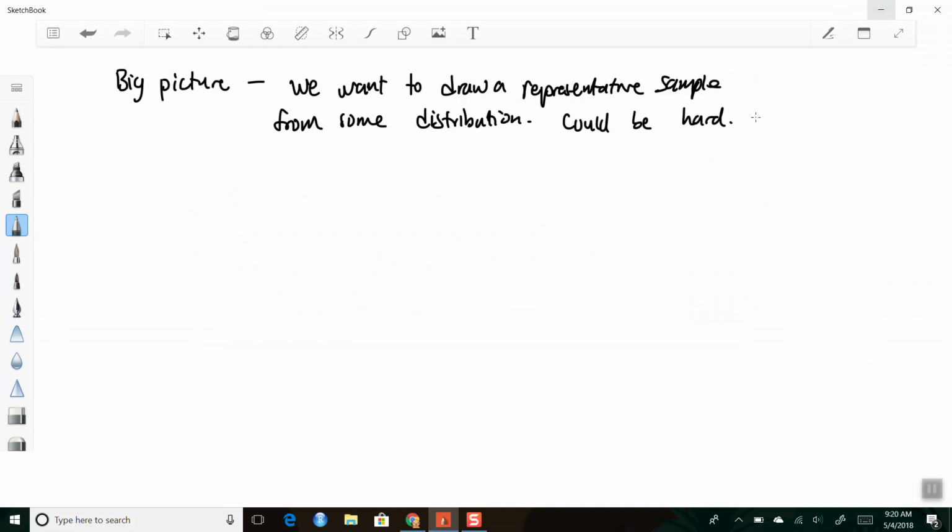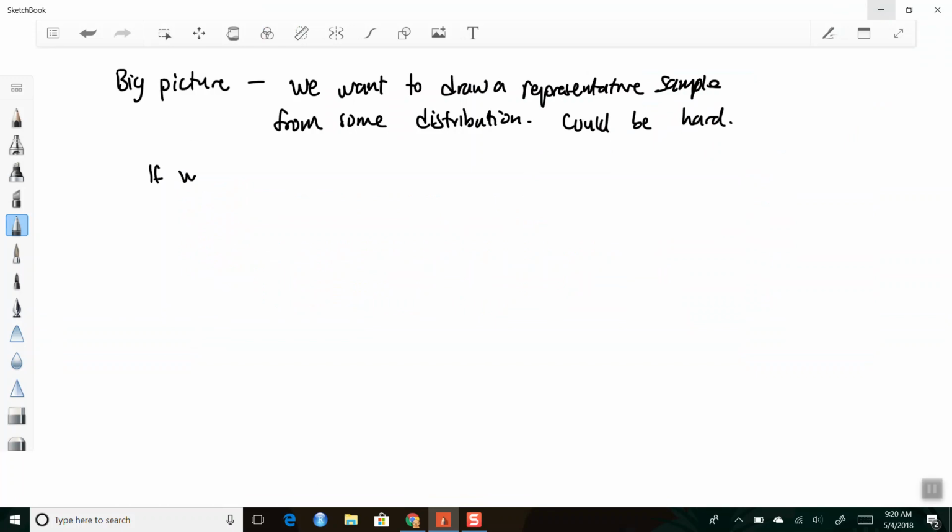And so one way to try to get one is by using a Markov chain where the stationary distribution has the same distribution as the target distribution that you want, okay?